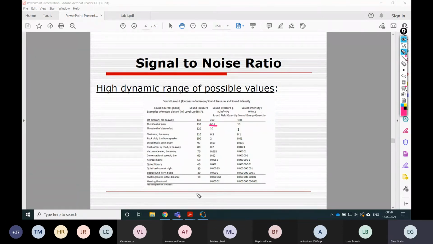Basically starting from the threshold of what we can hear, like this 0.0002. This is the level of the sound we can barely hear, and ending with the threshold of pain. So the strength of sound is so great that it actually causes some pain. And this is sound pressure. We can also calculate sound intensity, which differs even more. This is this level, and this is this level.